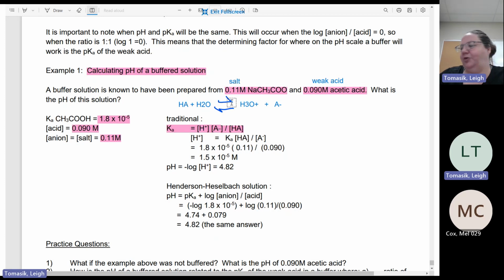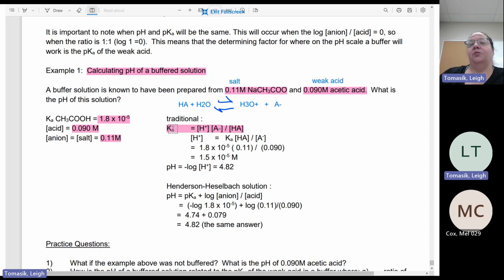So that's our equilibrium equation. The equilibrium expression is going to be the products, H3O plus or H plus and A minus, so the concentration of these two over the concentration of the reactant. We would use the acid, but not water. Water never gets used in these things.